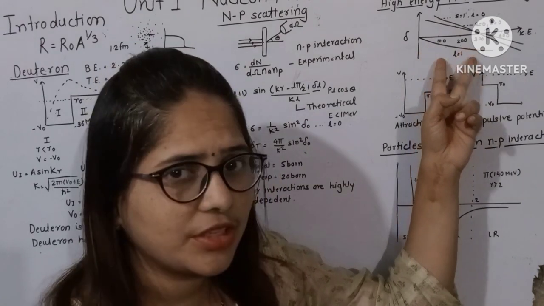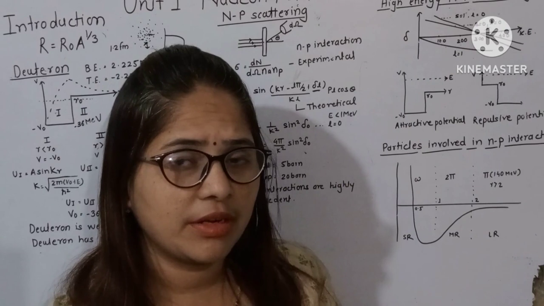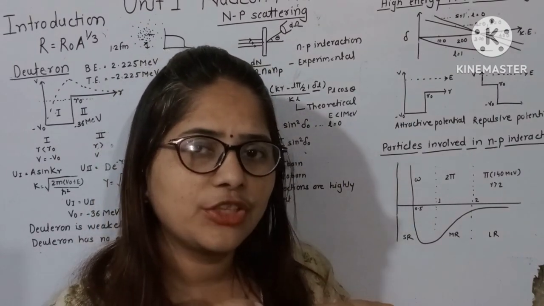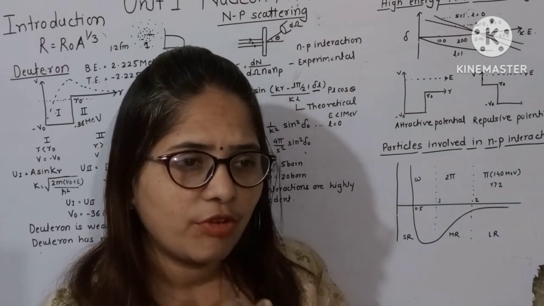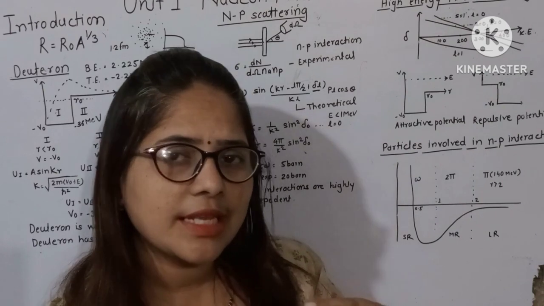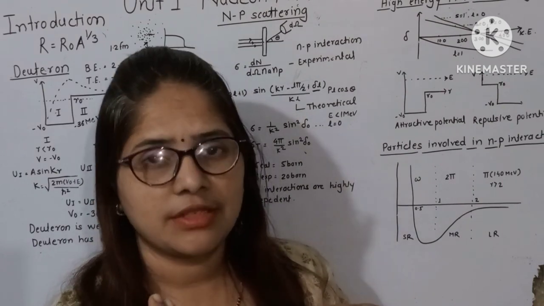So in this region, the nuclear interaction will be very much spin dependent. Now if you again go on increasing the kinetic energy of the incident particle, what will happen? It will try to reach less than 0.5 femtometer, and there the repulsion will start.